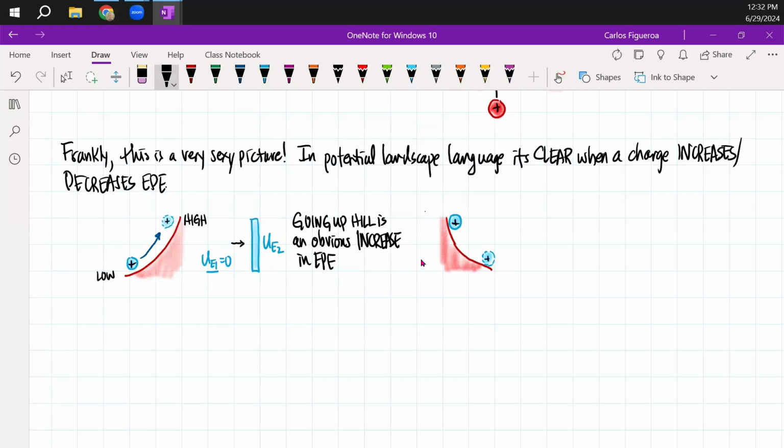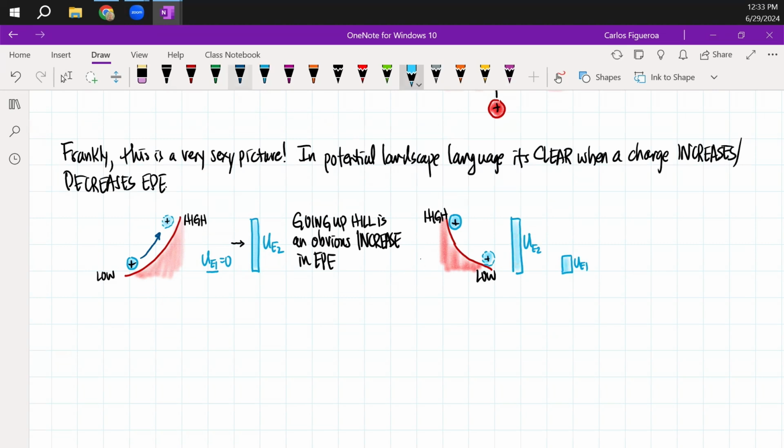So once again, here's my high, here's my low. In the language of energy, this guy starts off with some potential energy, and then maybe it doesn't go all the way to the bottom, but there's definitely a decrease.